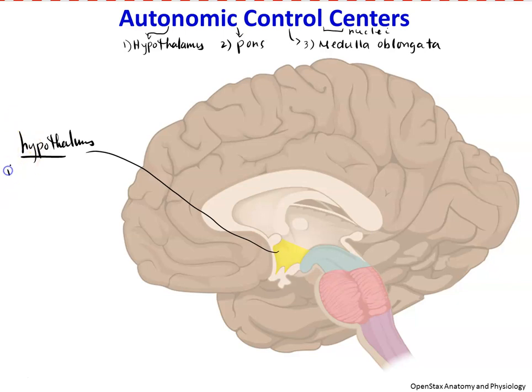So temperature control, and this is old already because how many times have we said this past unit as well? Temperature control. How hot or how cold are we? Water balance. What does that mean? That means that in the hypothalamus, there are neurons that can tell you, hey, are you thirsty?